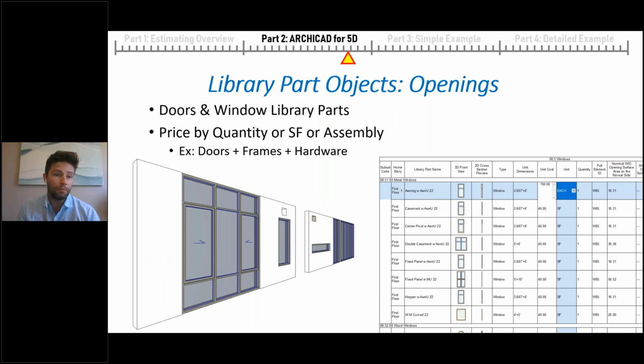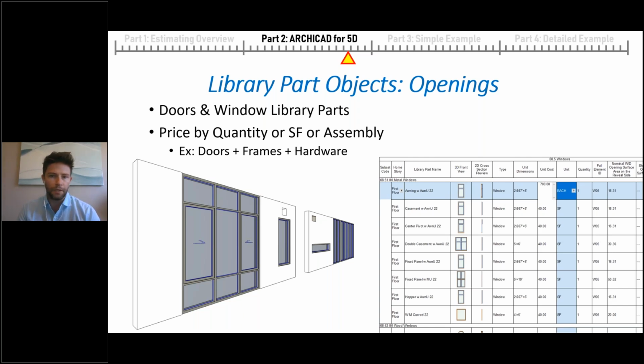Of course, we have objects. We have openings such as doors and windows that we can add to walls. Certainly these can be priced by count, or we can build up different assemblies based off the different contents that make up those elements, such as with doors, we might have the panel, the frame, and the hardware, and we could add more details to that if we want.